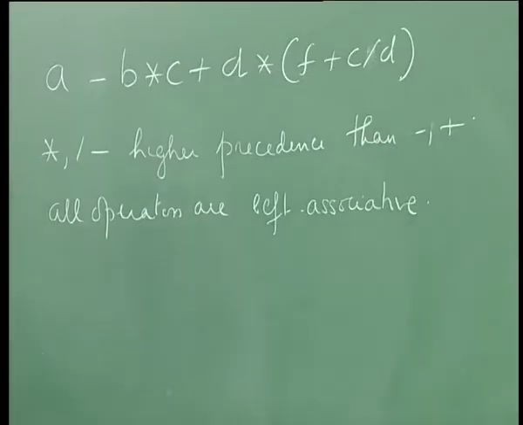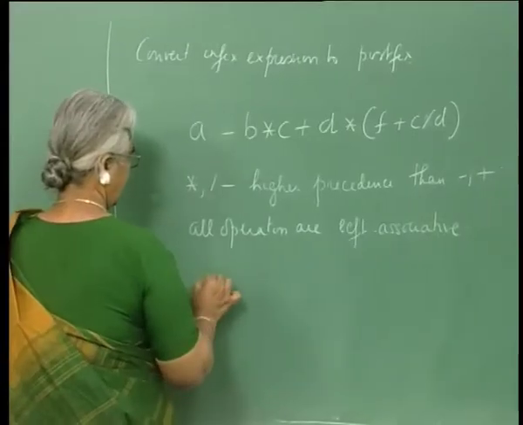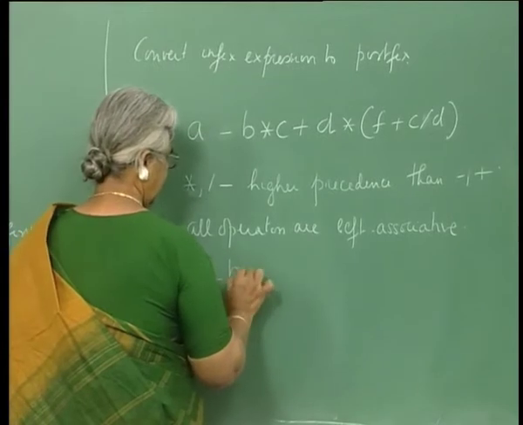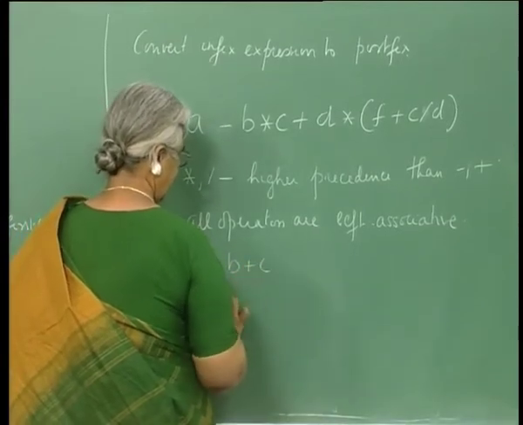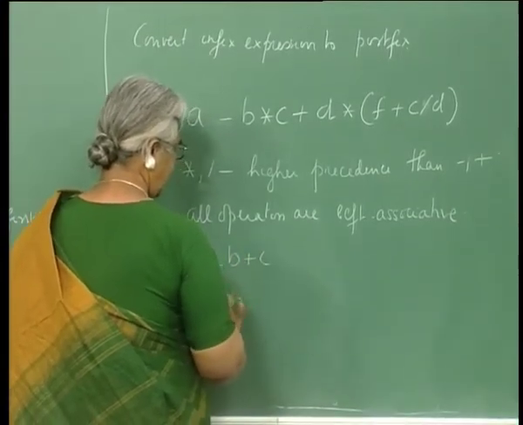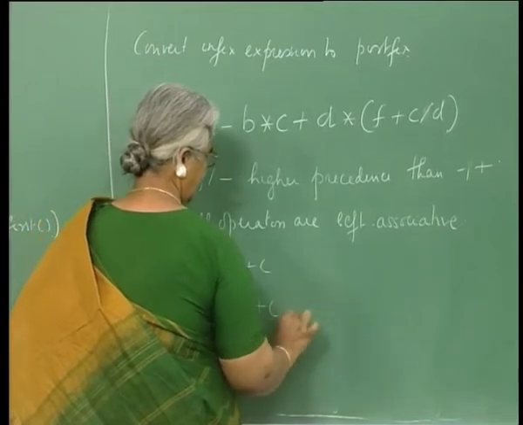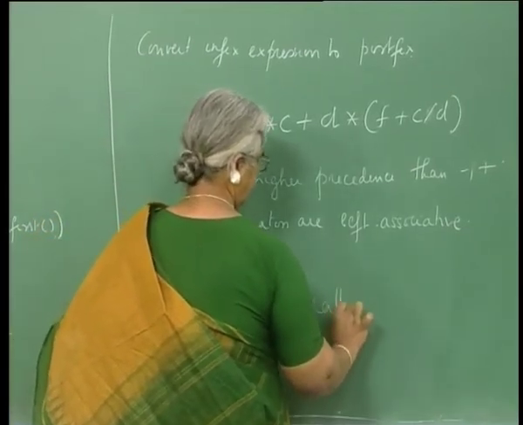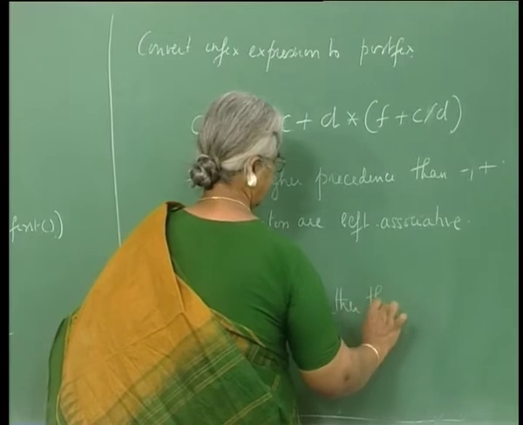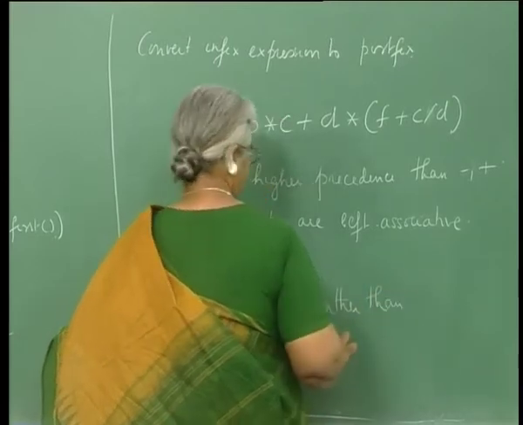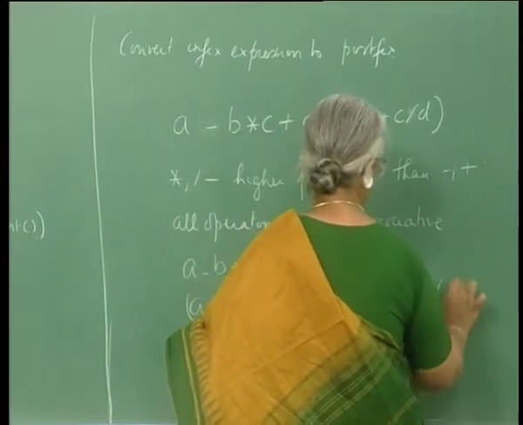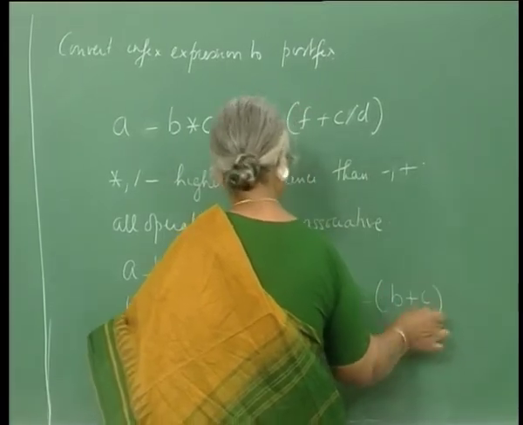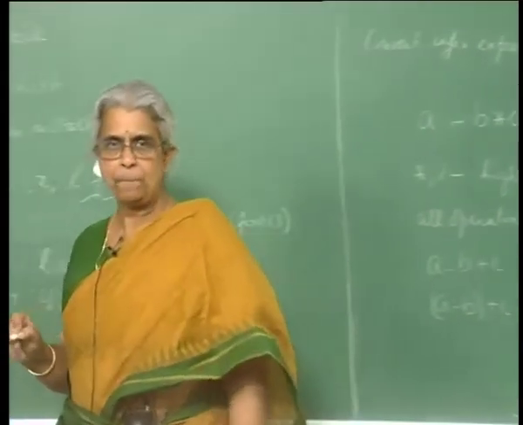Okay. What do we mean by this is that a minus b plus c is equal to a minus b, plus c, rather than a minus of b plus c. Okay.